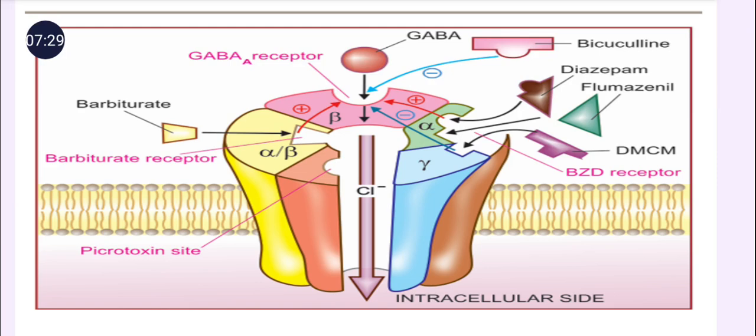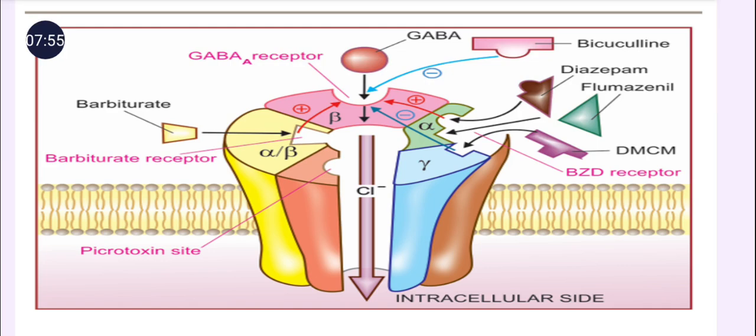And remember, GABA is an inhibitory neurotransmitter in our body. GABA binding site is different than the binding site of the barbiturate and benzodiazepine. All these three substances, barbiturate, benzodiazepine and GABA, lead to the hyperpolarization, but their binding sites are different on this GABA A receptor.